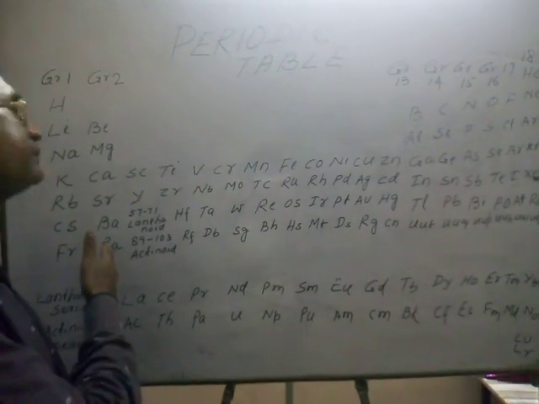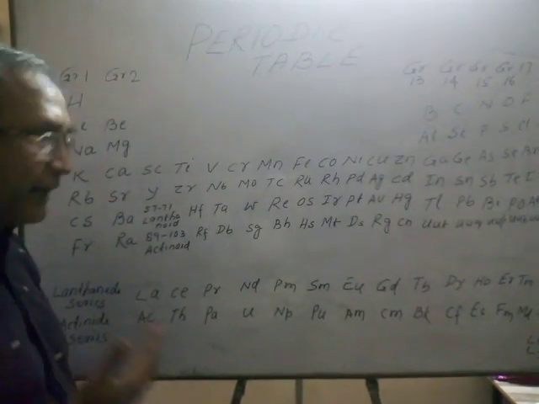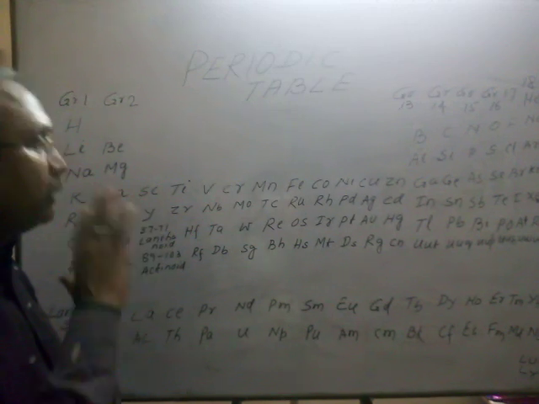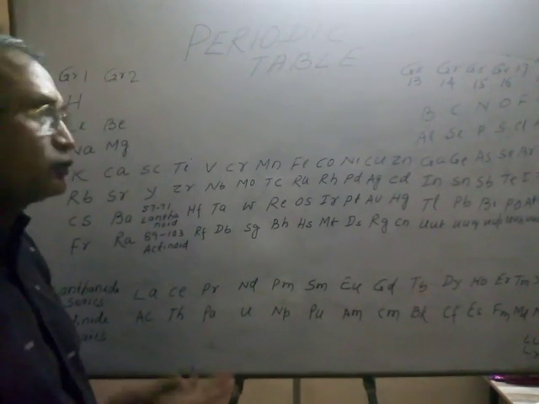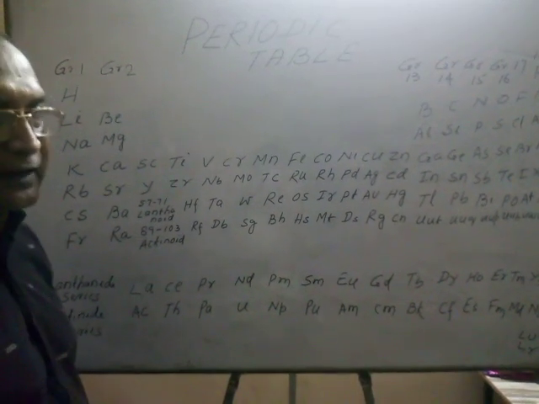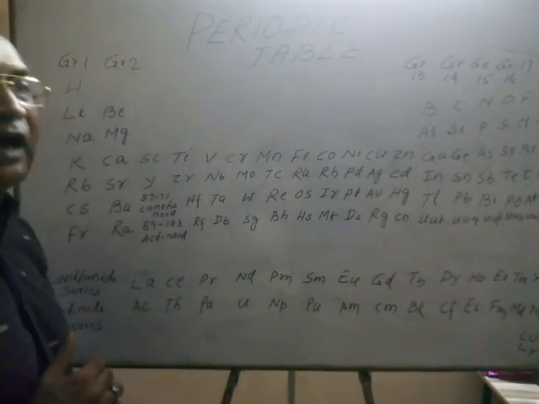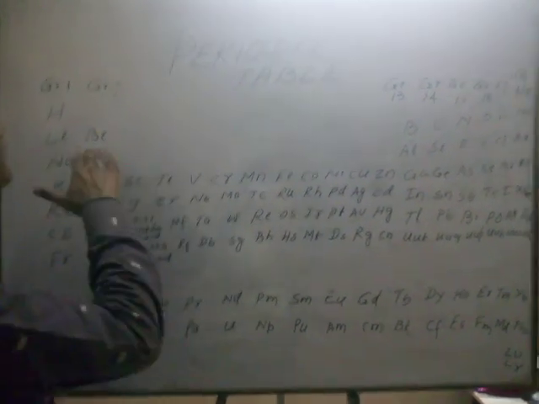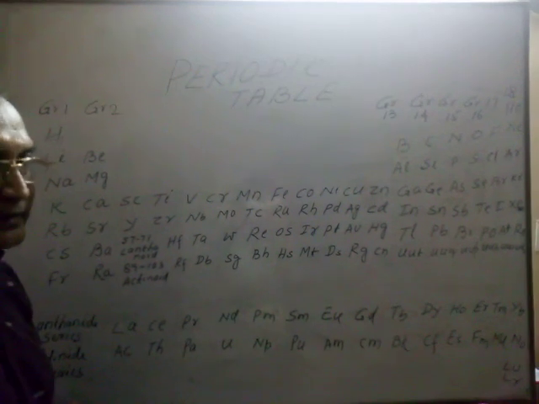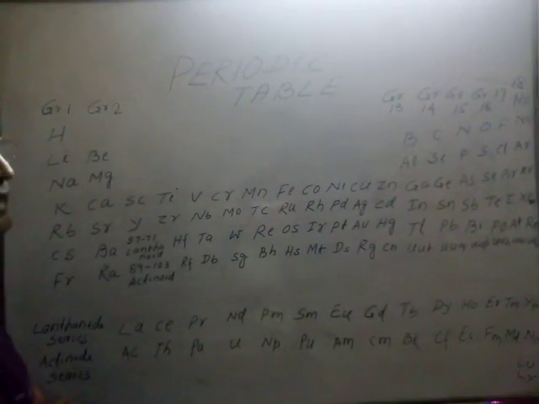Though some of the elements we get from other portions also, not from the earth crust, still it is known as alkaline earth metal because the name was given previously.